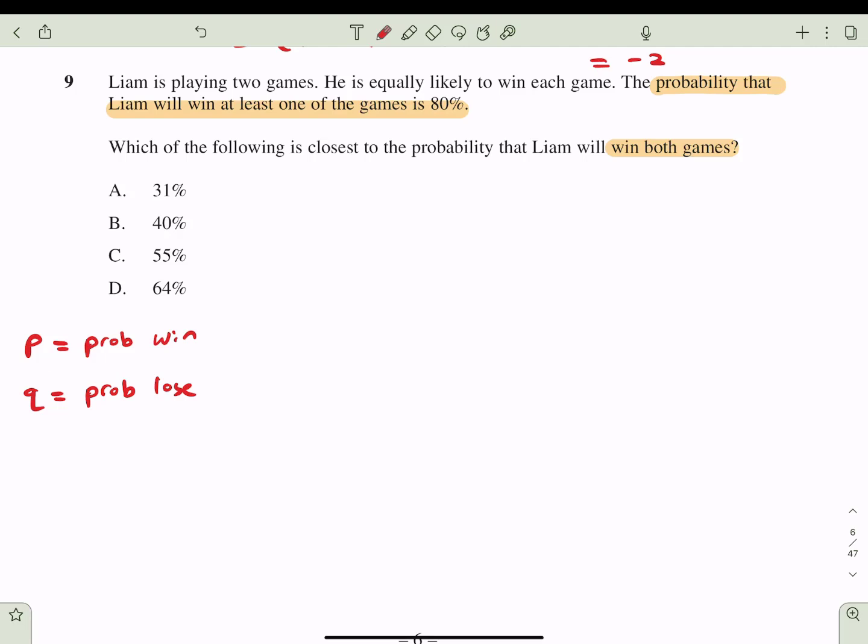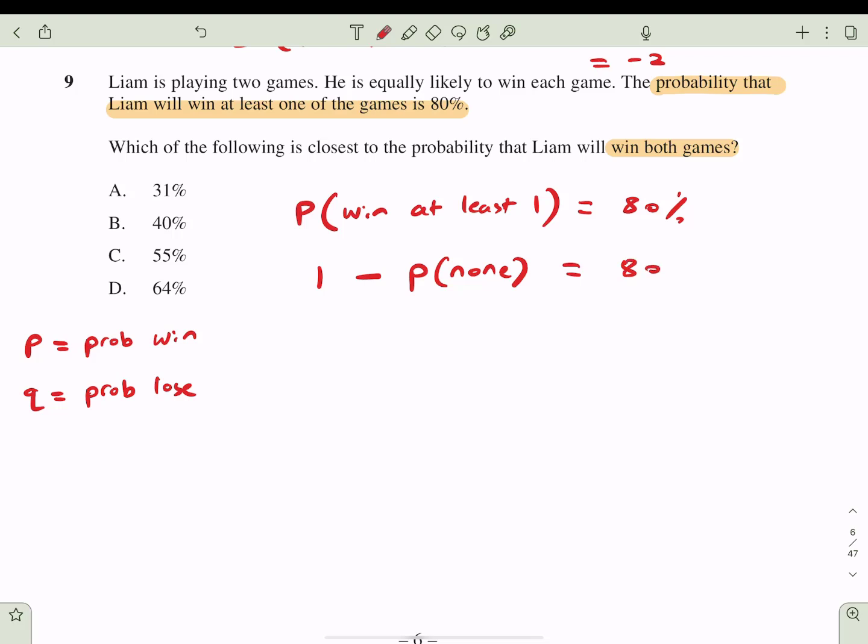So, writing this down on my page, the probability of winning at least one. If we think about the complement of winning at least one, it is 1 minus the probability of winning none. So 1 minus the probability of winning none is equal to 80%. Now when I rearrange this equation, the probability of Liam winning none of his games is going to equal 20%.